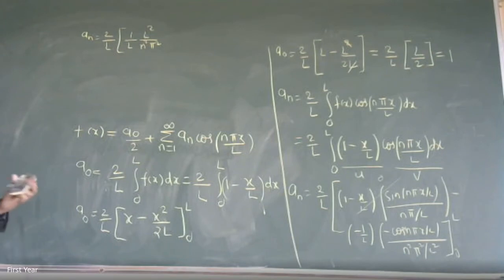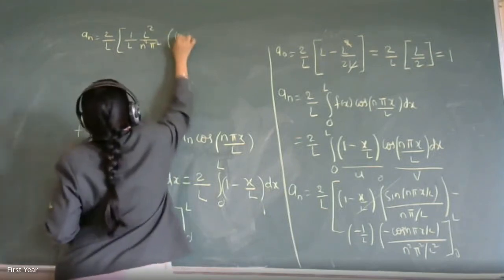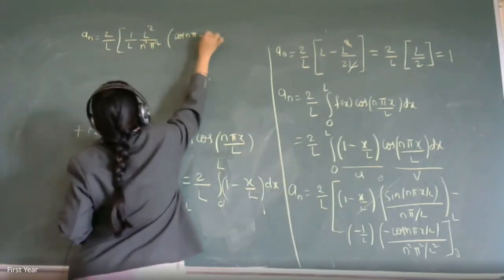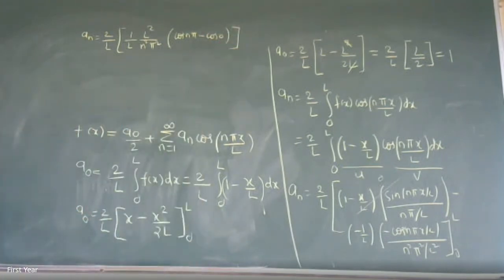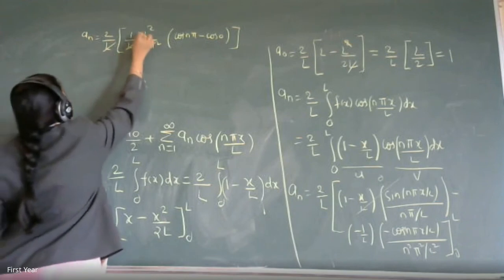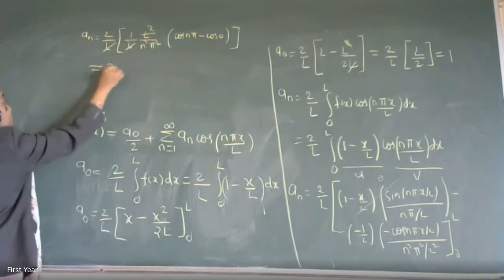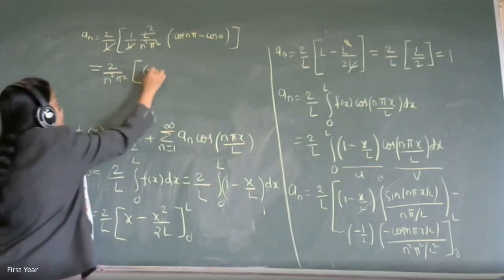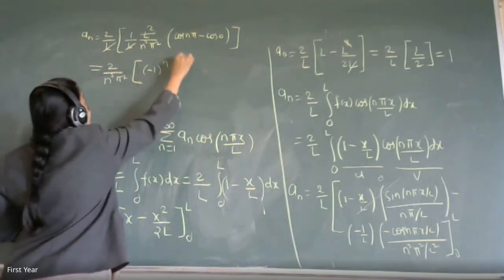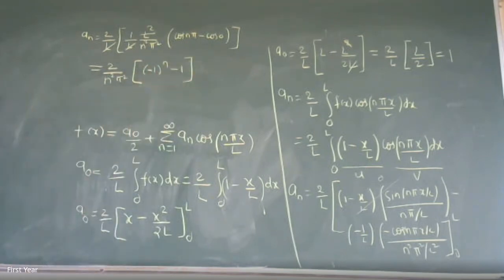I get cos n pi minus cos of 0. And then L cancels L squared. So it is 2 upon n squared pi squared into bracket cos n pi, that is minus 1 to the n, minus 1. So that's the value.